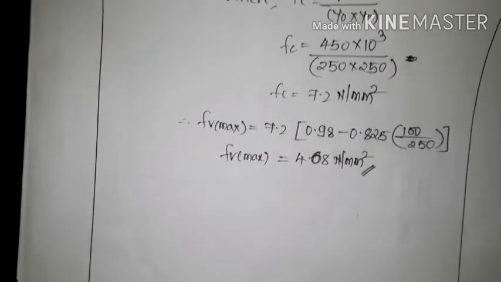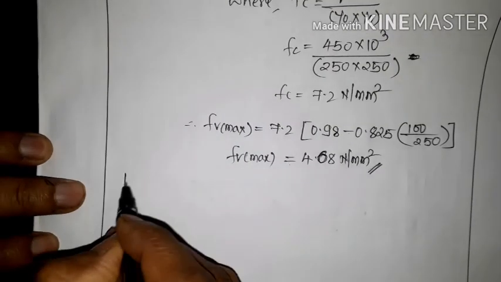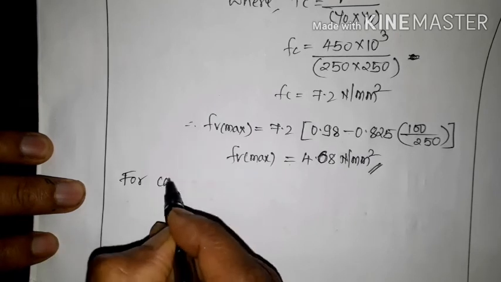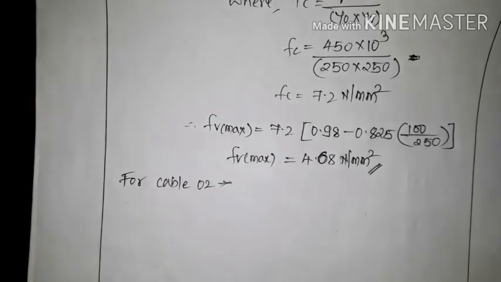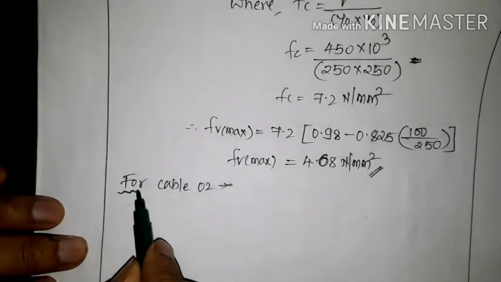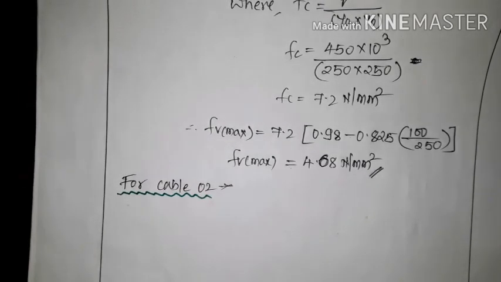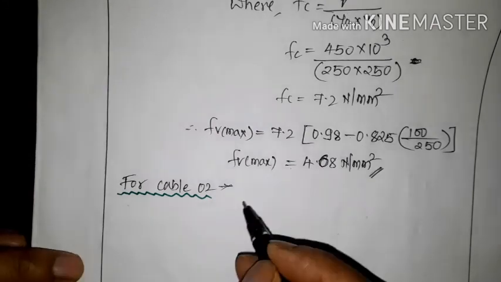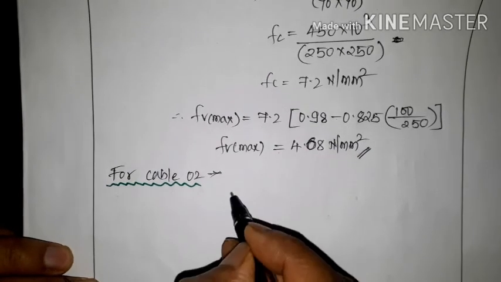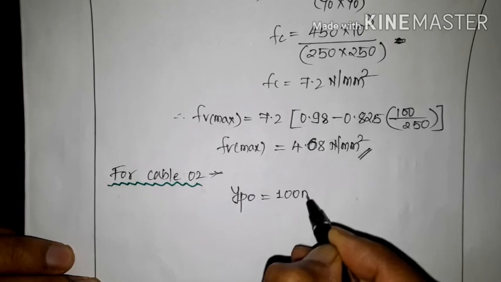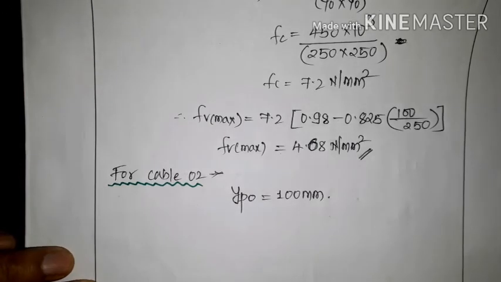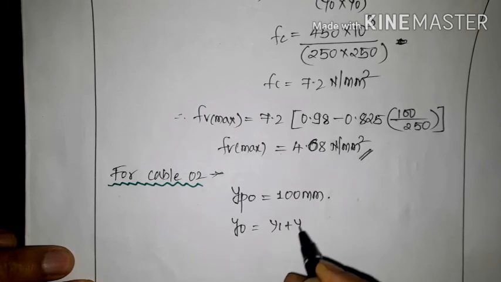Now for cable 2, here also the plate size is the same, so therefore Yp naught is 100 mm and Y naught is again y1 plus y1.